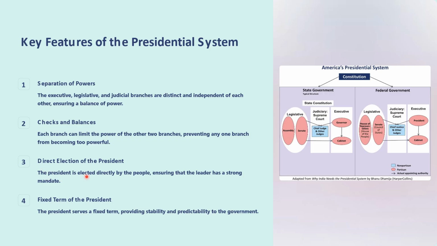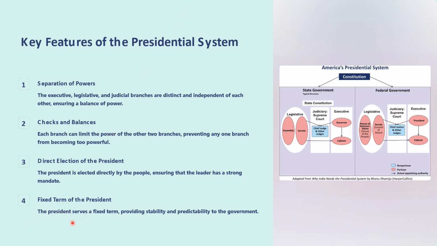The president is elected directly by the people, ensuring that the leader has a strong mandate. The president is elected directly by the people. This provides a democratic mandate for the president. Fixed term of the president.